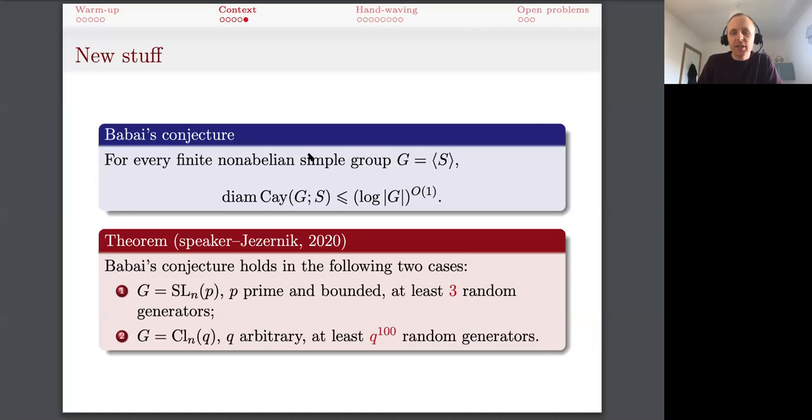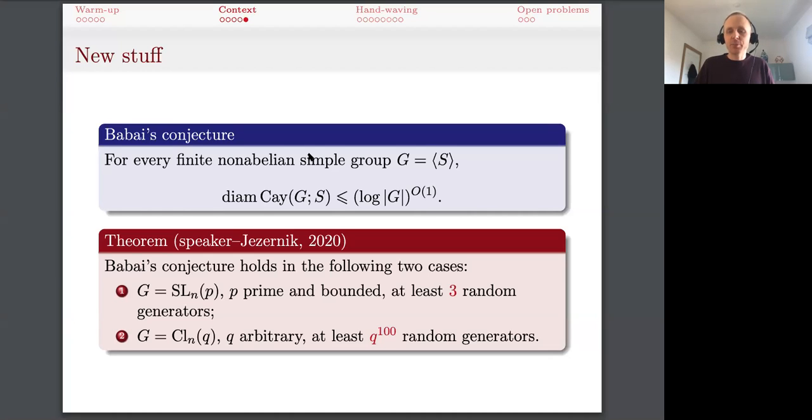There are 2 parts to what we proved. First of all, for SL_N(F_p), when p is prime and of bounded size, then as long as you have at least 3 random generators, Babai's conjecture holds with high probability.